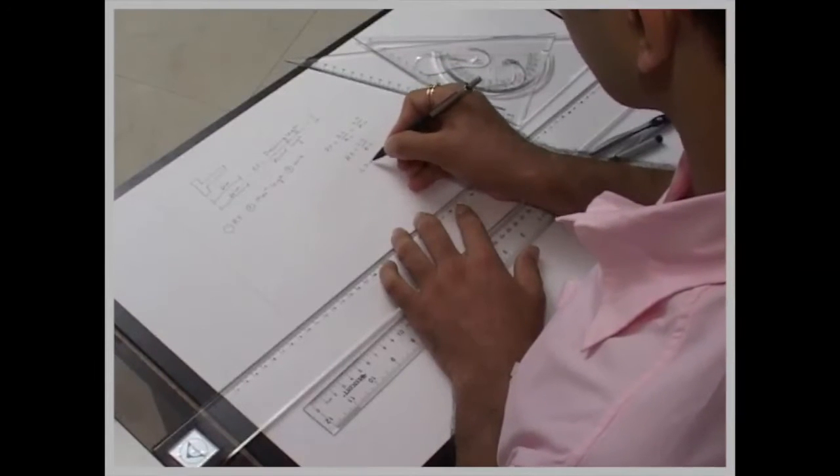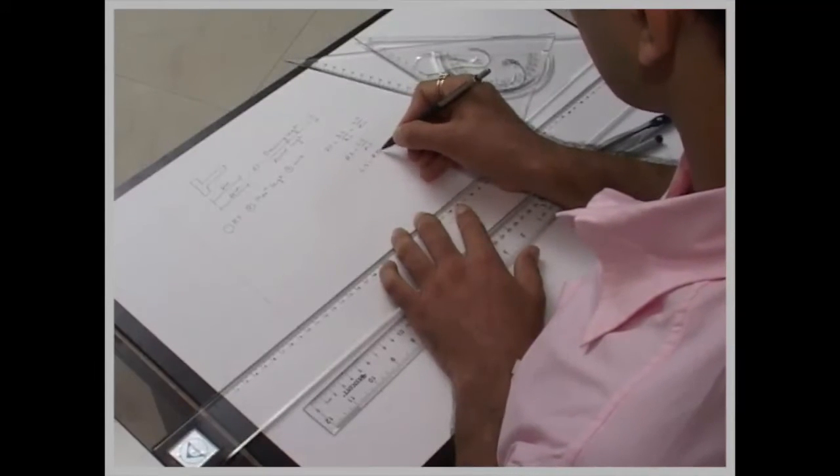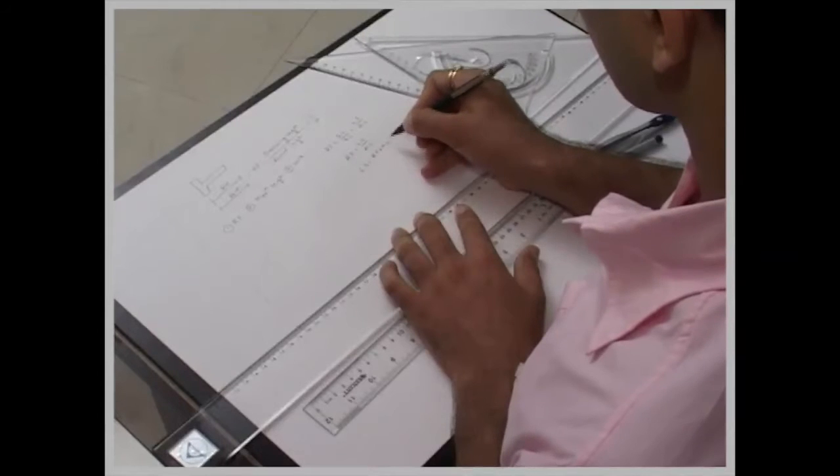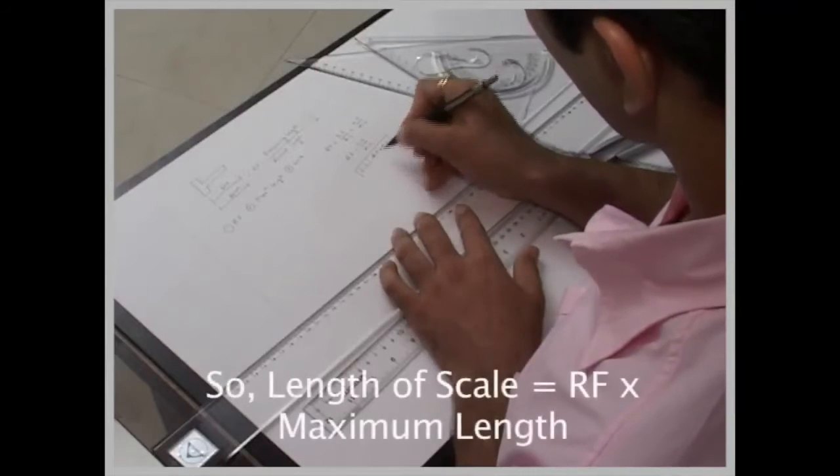So length of scale is equal to RF into ML. Remember this: length of scale will be equal to RF into maximum length. Before starting with the sum, we have two types of scale, plane scale and diagonal scale. So first we'll start with plane scale.